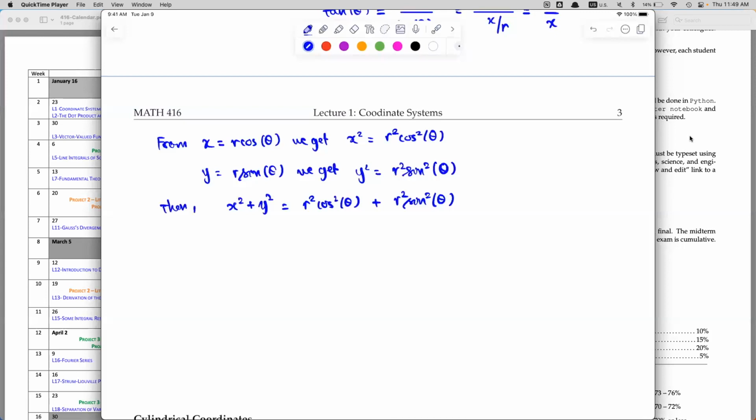Then you can take r squared as a common factor, and you're left with cosine squared theta plus sine squared theta. What is this expression equal to? 1.